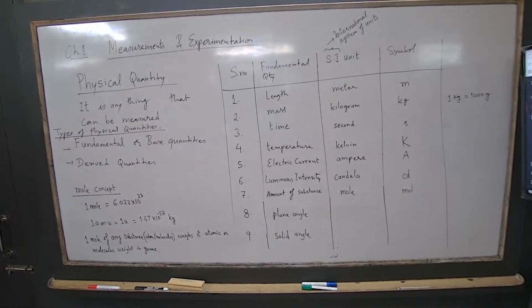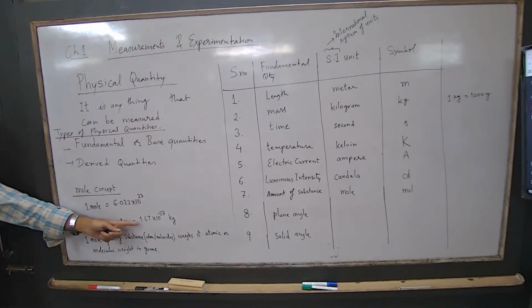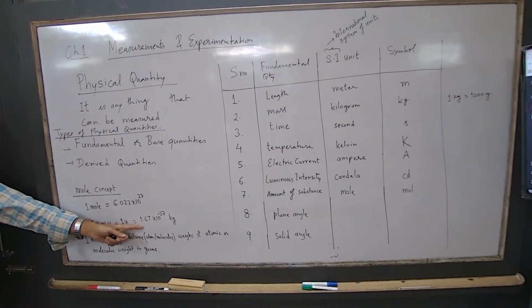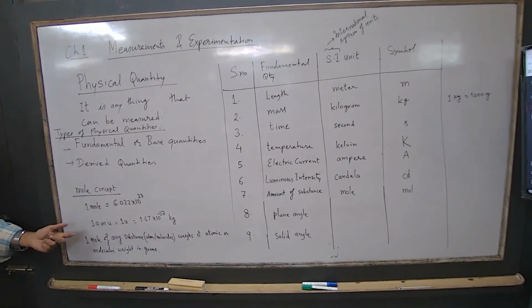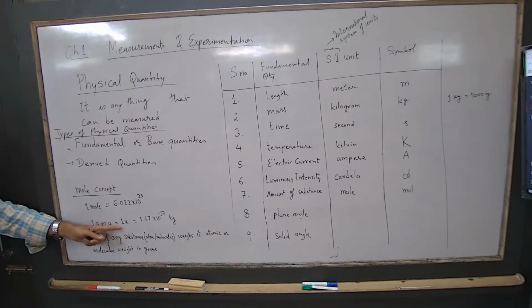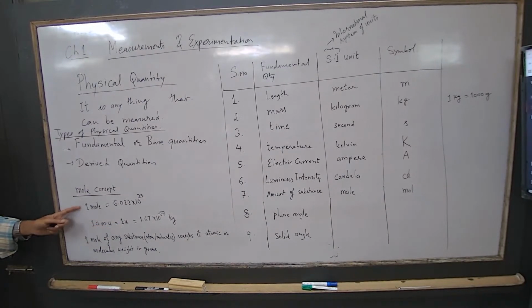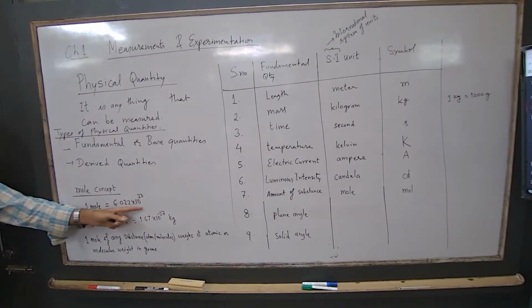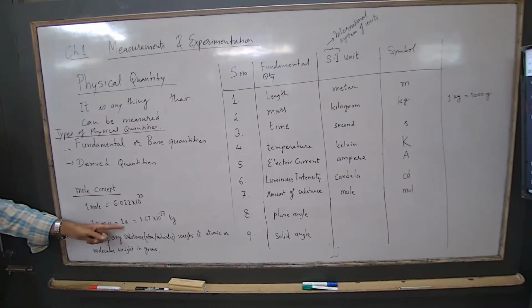For example, if you take one hydrogen atom, what is the mass of one hydrogen atom? Roughly this much. What is the atomic weight of hydrogen? 1 U. But if you take 1 mole of hydrogen atoms, meaning these many hydrogen atoms, then it will weigh 1 gram.